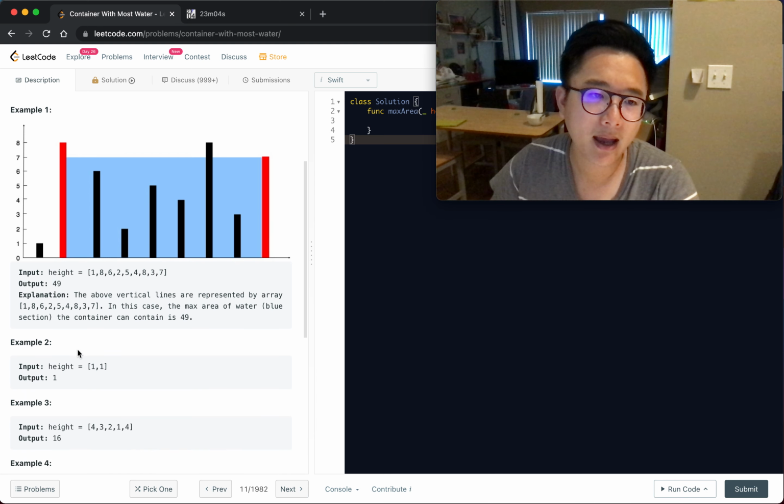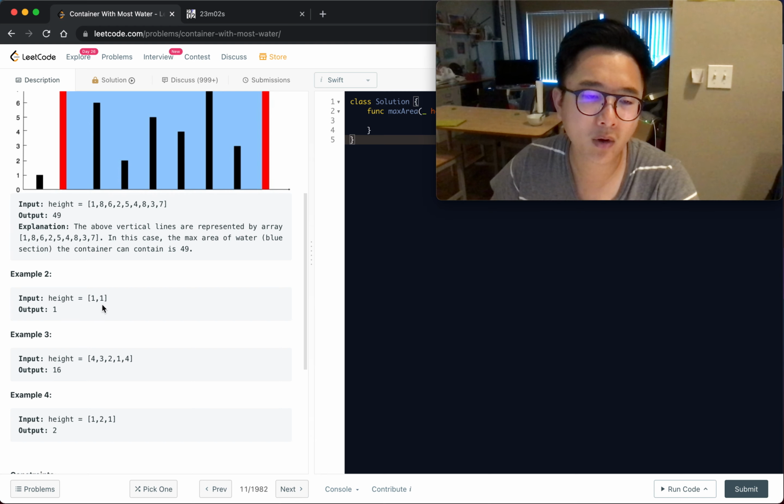Okay. And then example 2, height 1, 1. Output is 1 because if we have 1 here, 1 here, then we have 1 times 1. Okay. 4, 3, 1, 4, 3, 2, 1, 4.